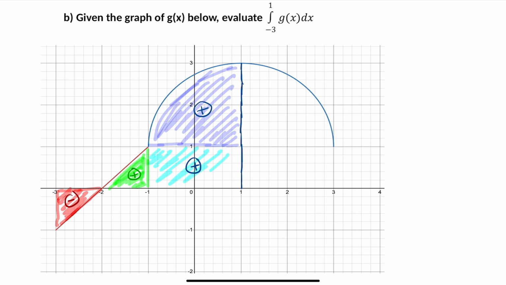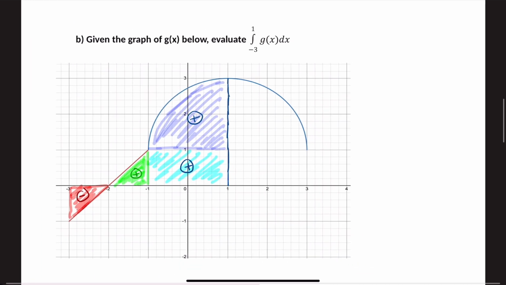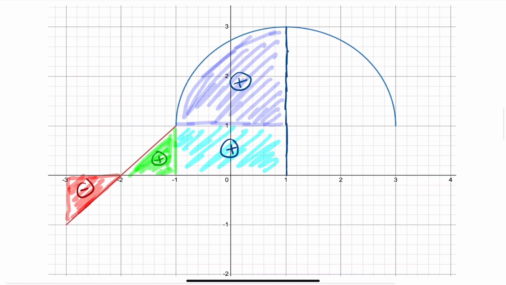So all we have to do now is just calculate each of these areas. So I'm going to start off with the negative region. I'm going to go ahead and call this area 1. And we know it's just 1/2 base times height. What's the base and the height? Well, from -3 to -2, that is 1 unit and a height of 1.